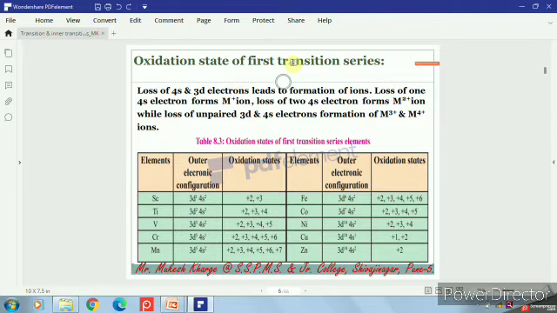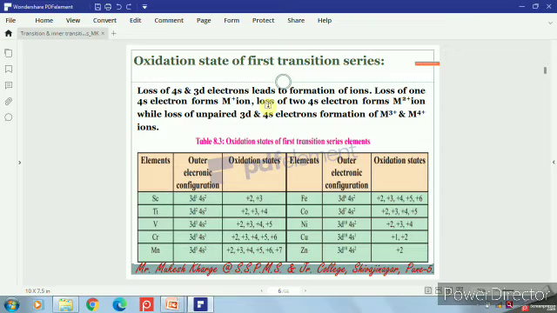Then the oxidation states of the first transition series. The loss of 4s and 3d electrons leads to the formation of ions. Loss of one electron from the 4s orbital forms a 1 plus ion, represented by M+ ion.